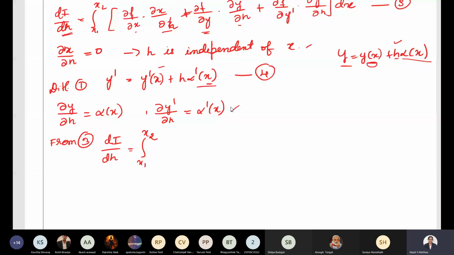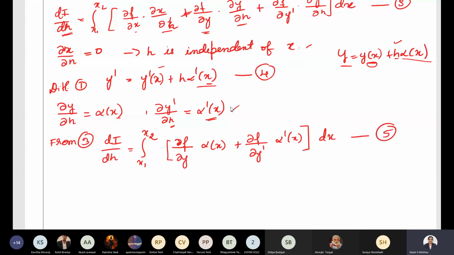The second term, dou f by dou y into dou y by dou h, and dou y by dou h is alpha x. So we get dou f by dou y into alpha x plus dou f by dou y dash into alpha dash of x, because dou y dash by dou h is alpha dash of x, into dx. Let's take this as equation 5.